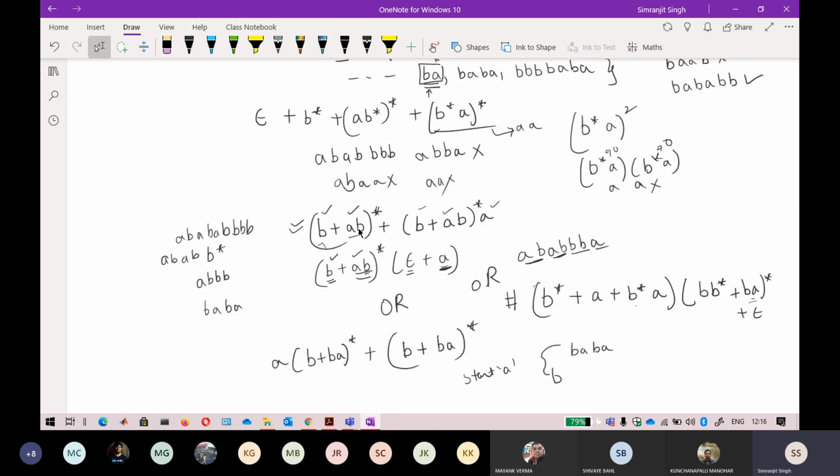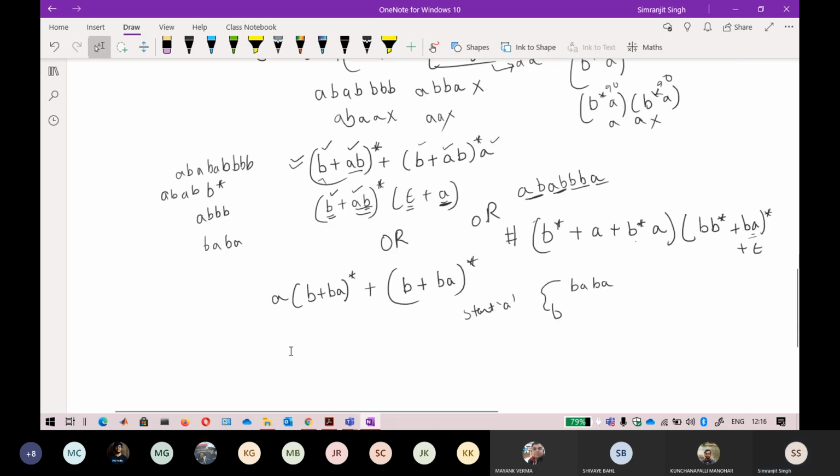In the previous one, it was not ending with A, so I copied the same expression and ended with A. Similarly, here it is not starting with A, so I copied the similar expression and started with A. So that expression is also correct.